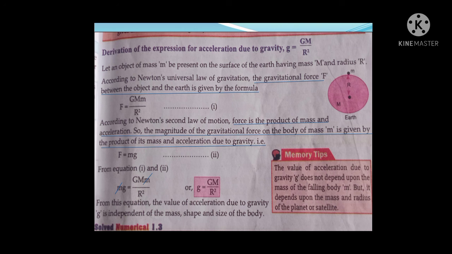Small m, so we can cancel the small m on both sides, and our final answer will be g equal to capital G times capital M upon R square, where G is the universal gravitational constant, M is the mass of the Earth, and R is the radius of the Earth. This is the formula that is used to find the acceleration due to gravity of a planet.